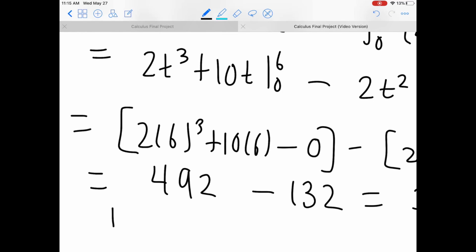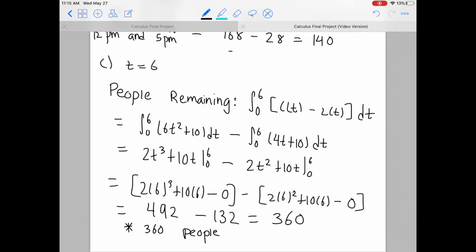So our solution for part C would be 360 people remain in the store at 4 p.m.